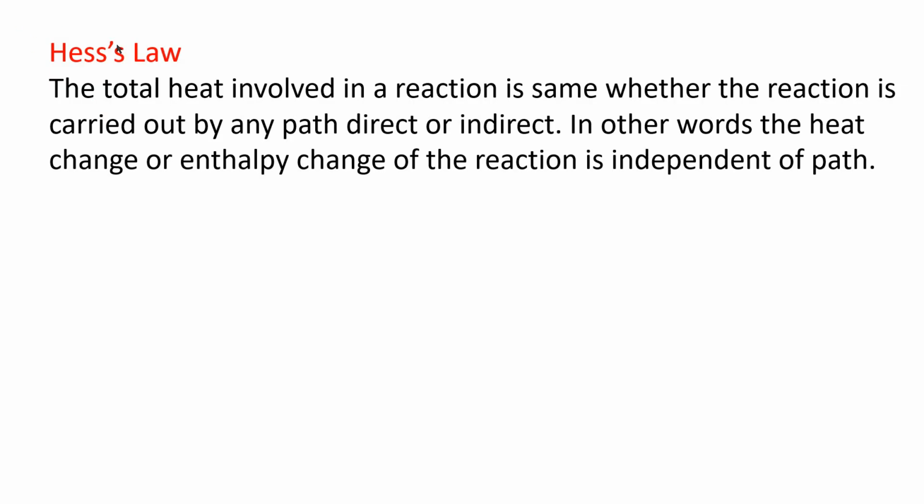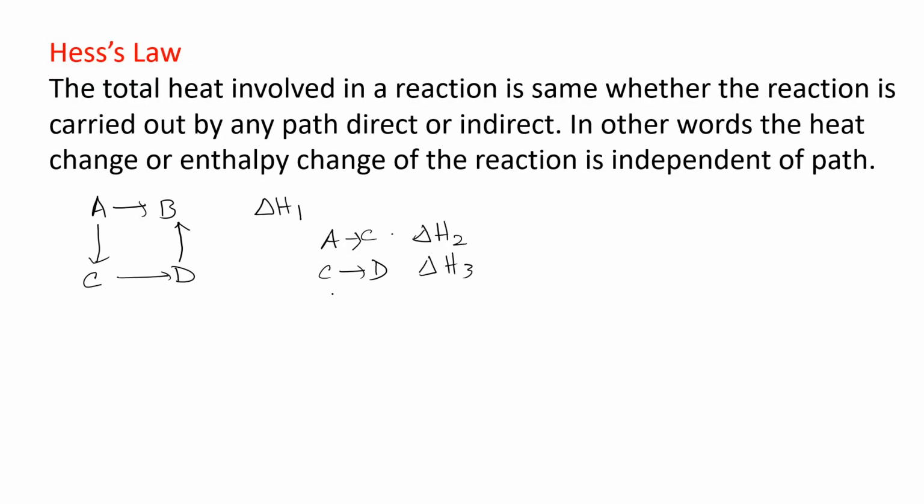Let's take an example. Say the reaction is the conversion A to B. Here the enthalpy change is delta H1 for this direct conversion if it goes directly from A to B. Otherwise, it may go from A to C, then C to D, then finally D to B. The A to C conversion has delta H2, C to D has delta H3, and D to B has delta H4.